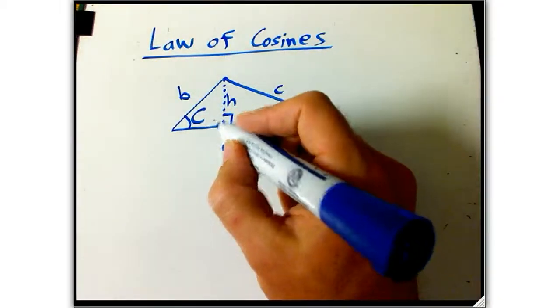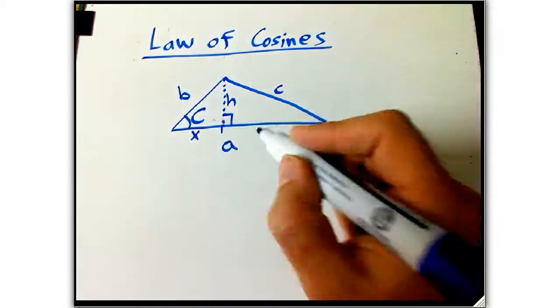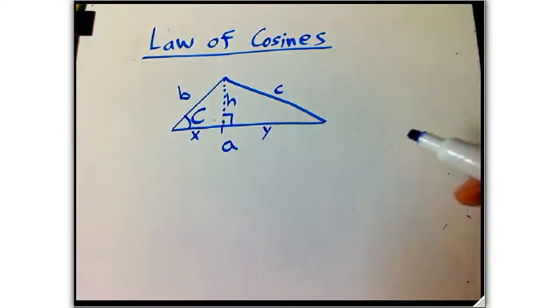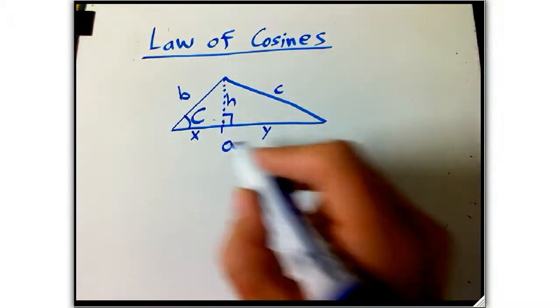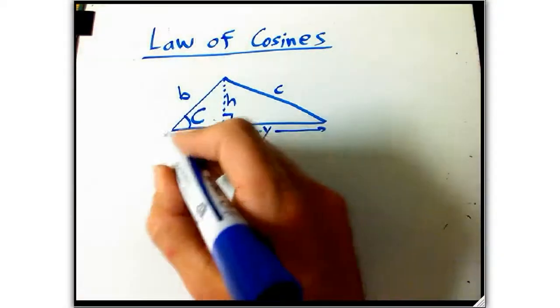People pretty quickly realize that if you can find this, let's call that x, then you can find y, because it's going to be a minus x. So y is just this part, and x is just this part.